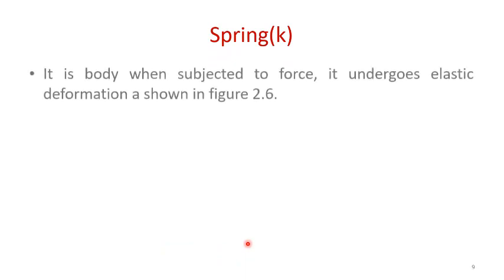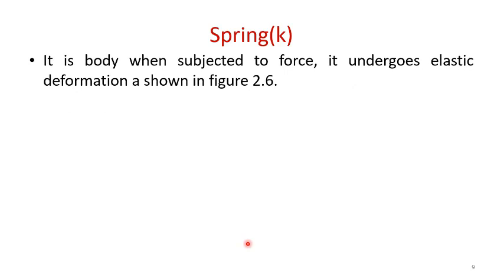Next we will consider the next mechanical element, that is the spring. A spring is a body which, when subjected to force, undergoes elastic deformation. Whenever we apply any force, it either elongates or gets compressed, and it tries to restore itself to its original shape.